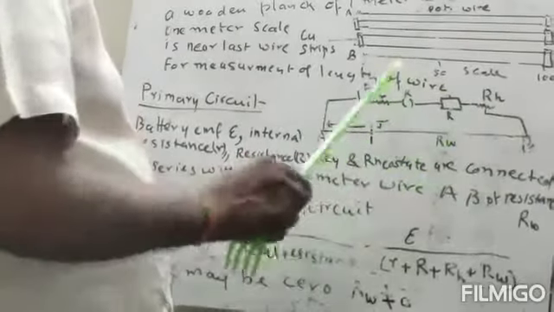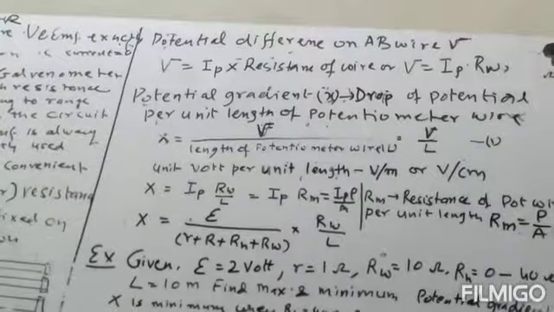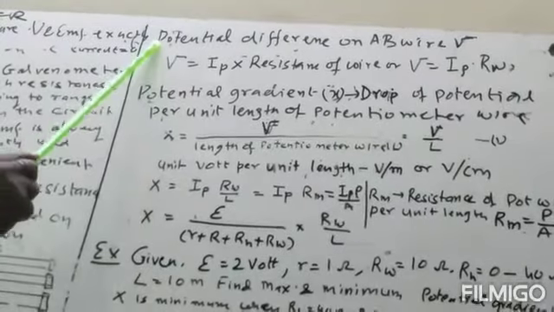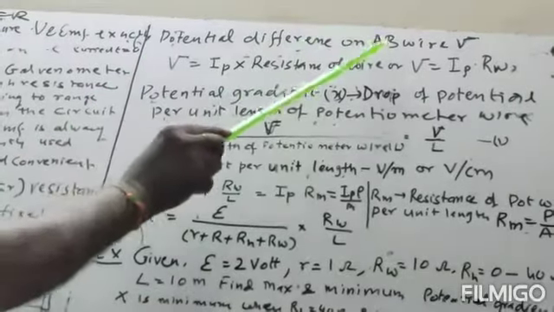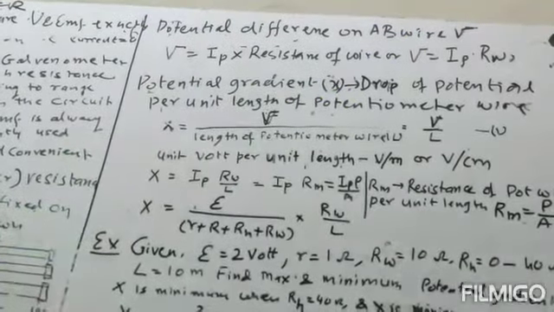So we take this circuit and we find the potential difference. First we will find the potential difference between the two ends, A and B, of the potentiometer wire. This end and this end.